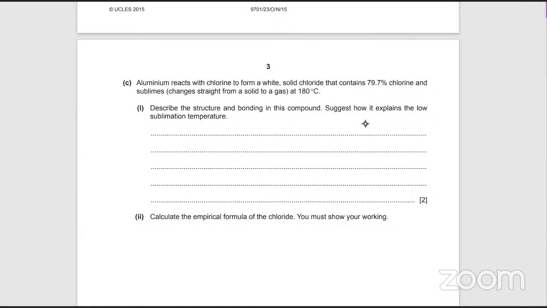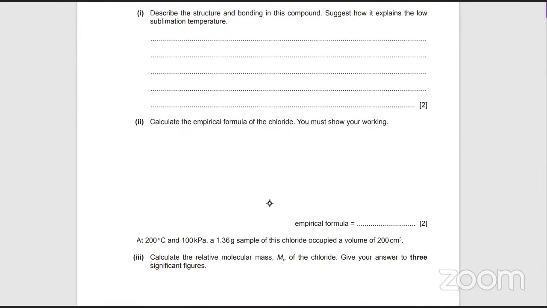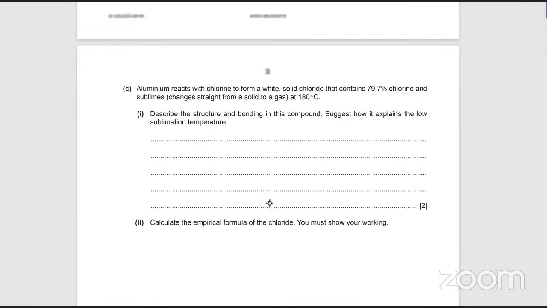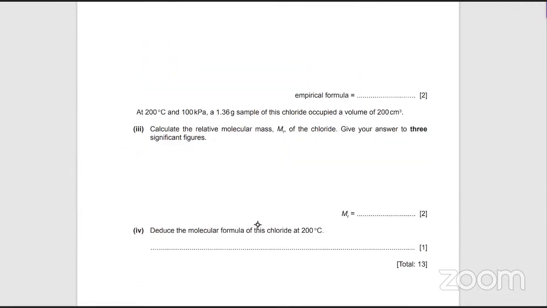Or explain why it has a low sublimation temperature? Because it's got weak intermolecular forces. That's it. ठीक है, या weak van der Waals forces, which require very less energy. Empirical formula आप निकाल लोगे, उसकी बाकी information तो दी हुई है. So you can find the empirical formula. ठीक है. So calculate the empirical formula of the chloride. You must show your working. वो तो हो जाएगा.